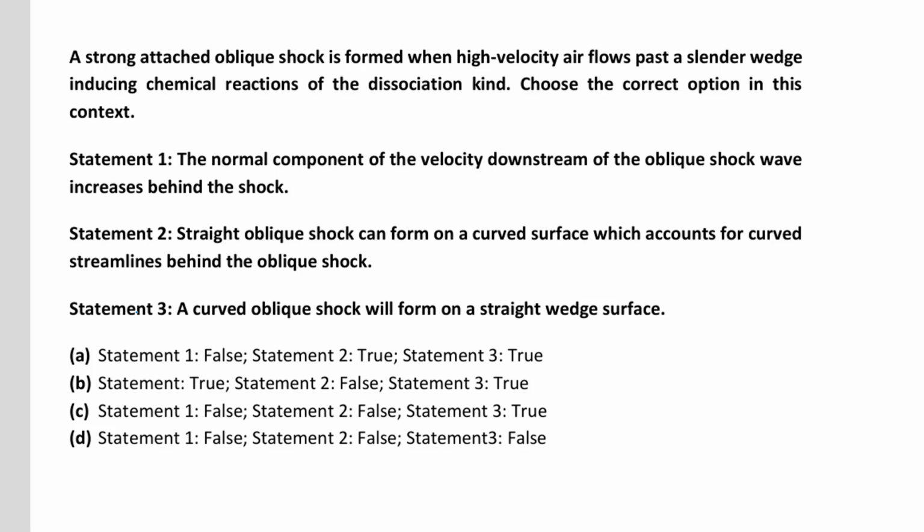Statement 2. Straight oblique shock can form on a curved surface, which accounts for curved streamline behind the oblique shock. Statement 3. A curved oblique shock will form on a straight wedge surface.